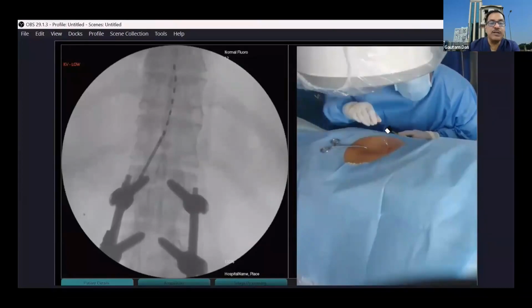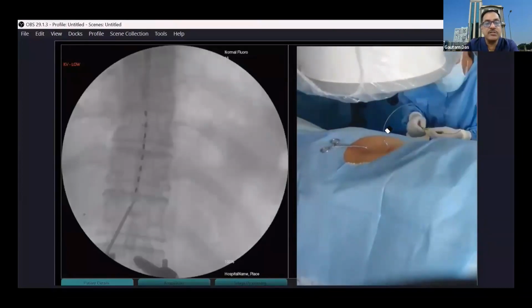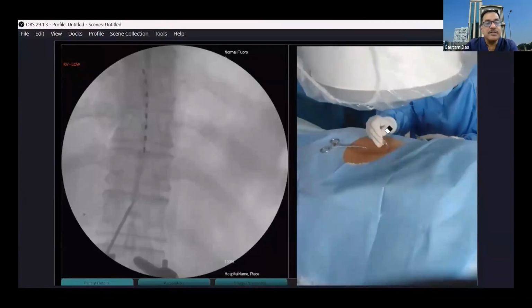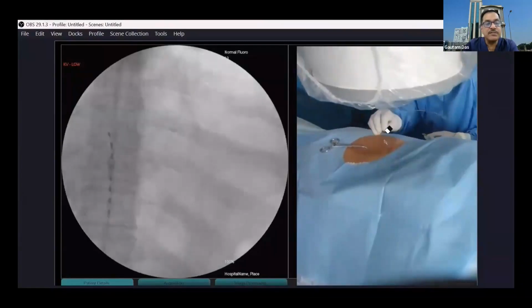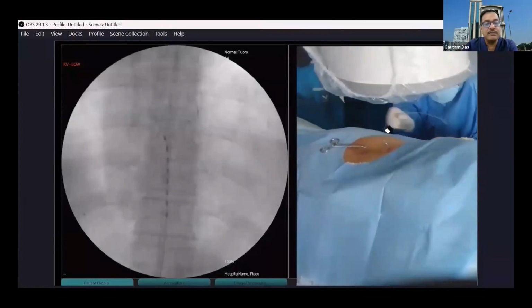So now it is going to the midline. So now we are happy. So now we can redirect it towards the left hand side also. You see how you are redirecting it. Now it is going to the left hand side. So now it is going to the desired place. So now it is in the midline and a little bit on the left hand side.